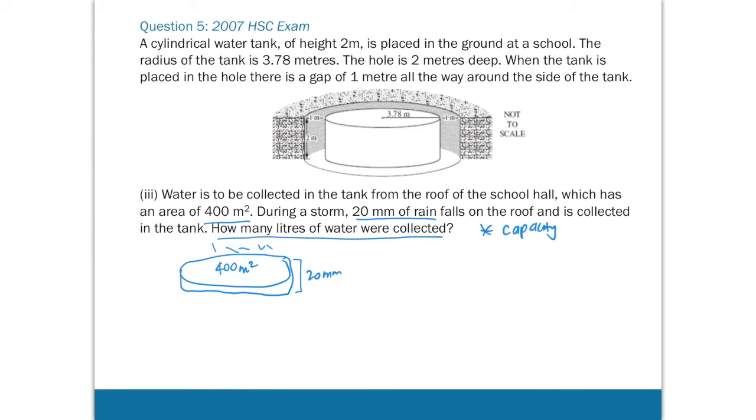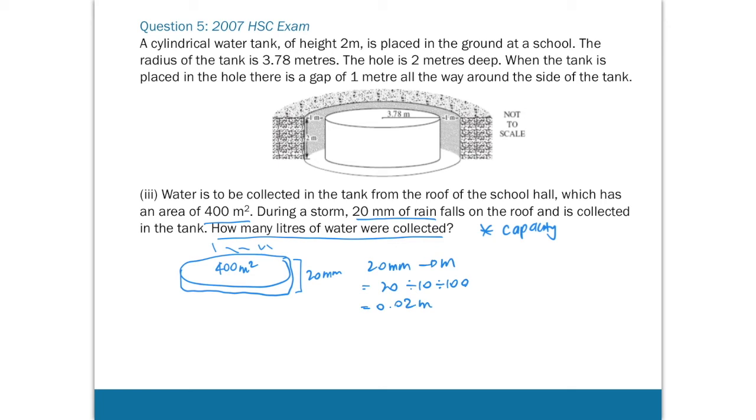That represents how much rain has fallen on the top of the water tank. So if we convert 20 millimetres into metres, so it's all in the same units, that's 20 divided by 10 divided by 100. So that is 0.02 metres.